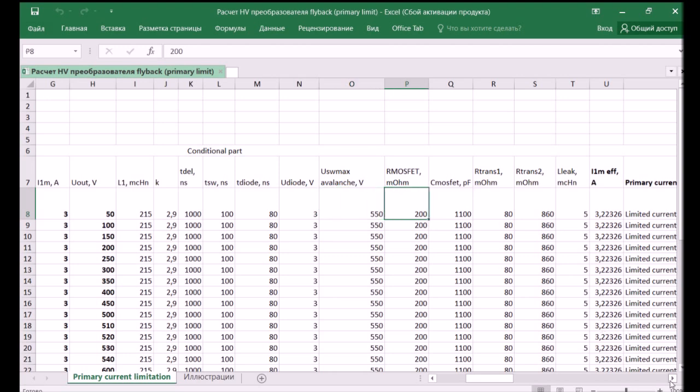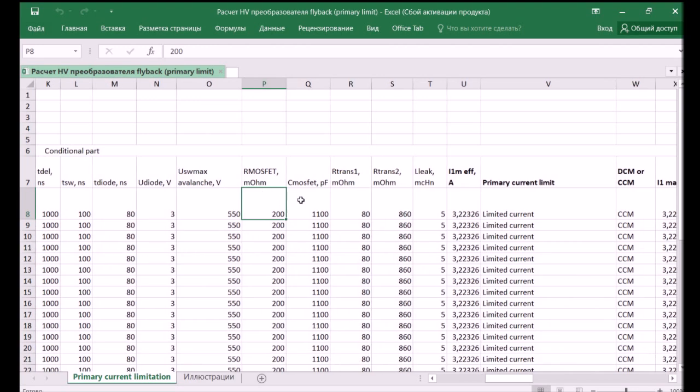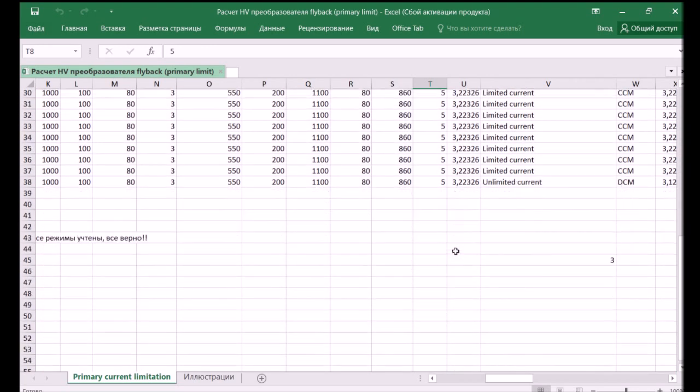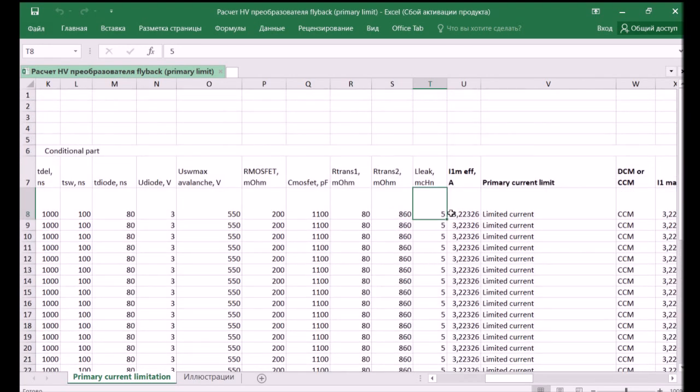Internal resistance of the switch. MOSFET drain source capacitance. Transformer winding resistance, first primary winding, secondary winding, and leakage inductance of the transformer. It's always constant in this model.